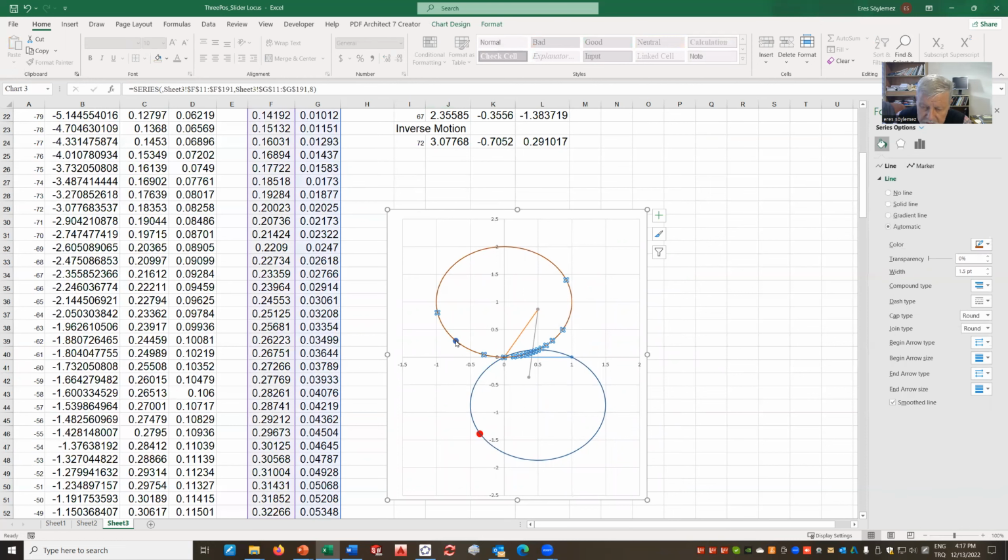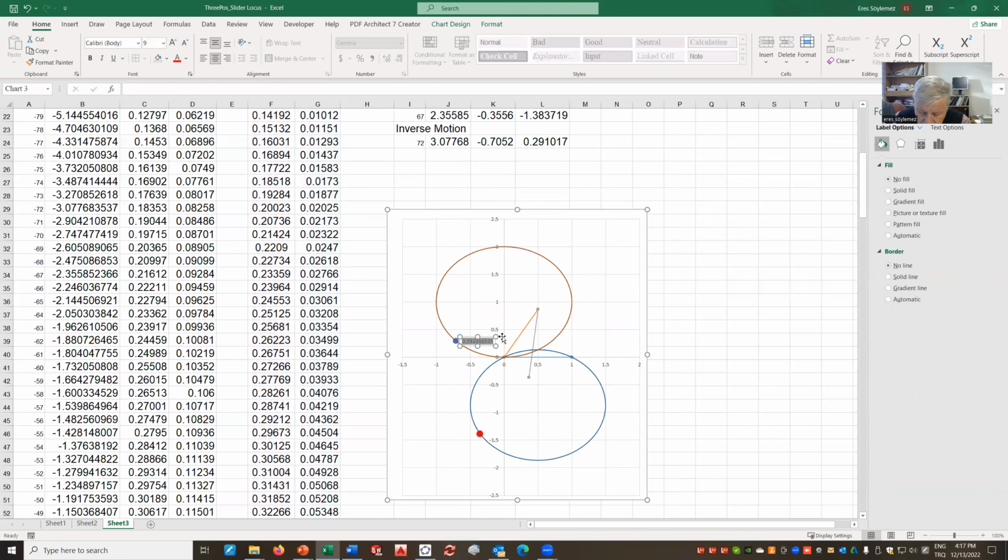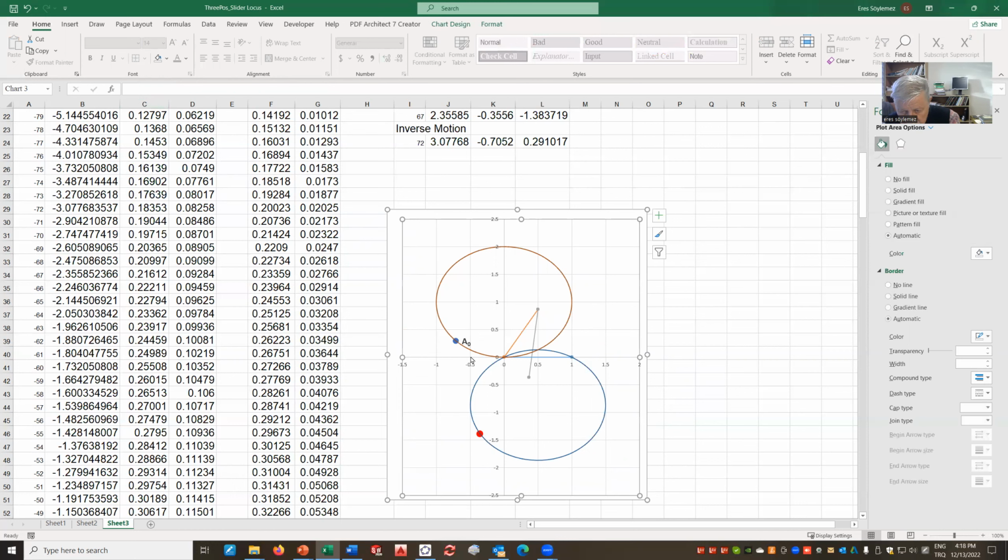Now, this point is what I will call A dash, sorry, from the Geogebra, A0. Increase its size, make it bold, and make it subscript.